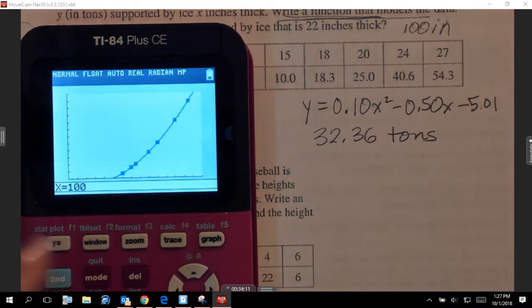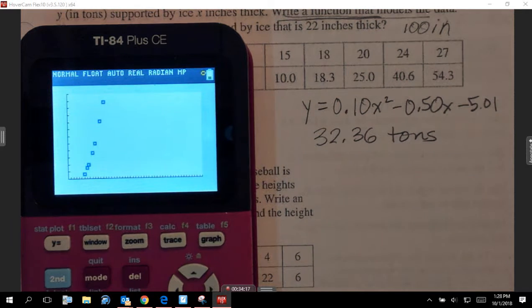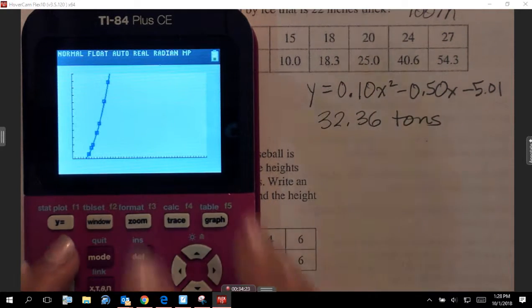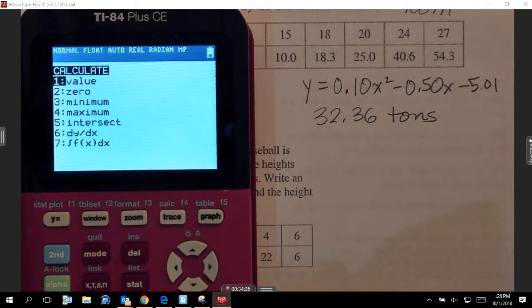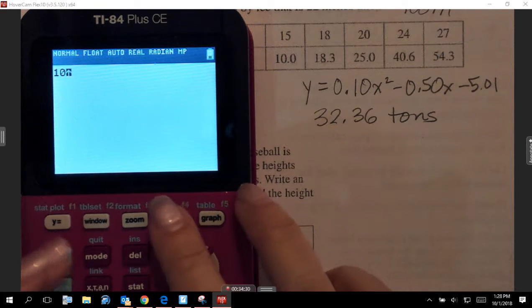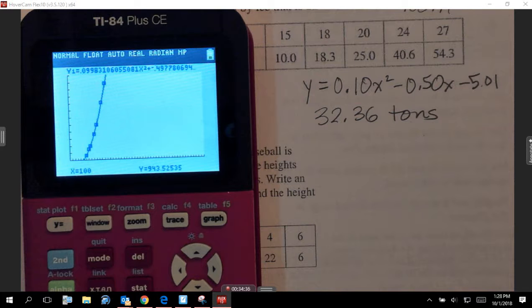So all you have to do is say, oh, I want to know for 100. Let me go change my window so my x values now go to 100. Just regraph that. It's okay that it doesn't look as nice anymore. But if your window does not cover what they're asking you to find, then it's going to give you an error. Oops. So now that I've changed my window, it doesn't have that error anymore.